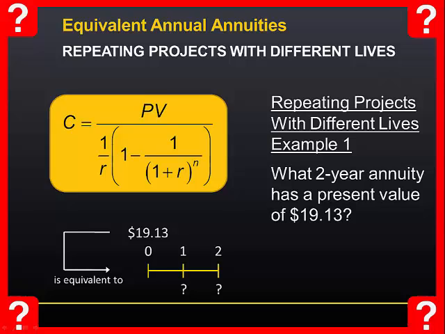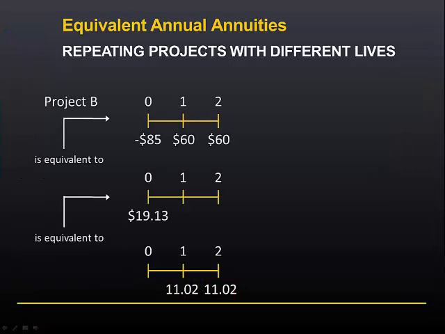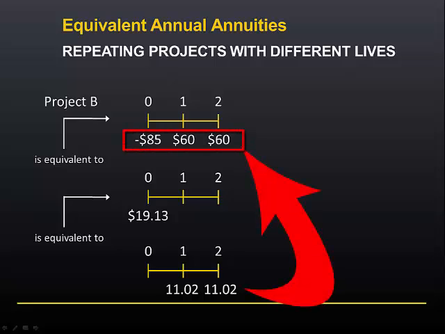The present value is $19.13, the interest rate is 10%, and the number of periods is 2. The answer is $11.02. $19.13 at time 0 has the same present value as $11.02 over the next 2 years, and therefore has the same value as Project B.